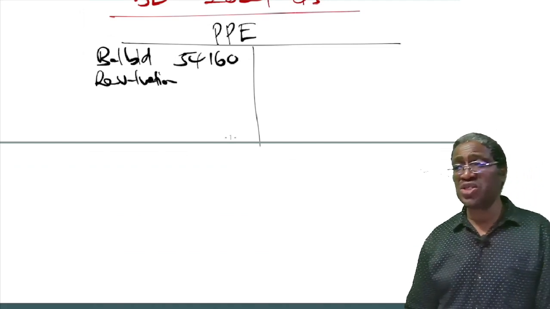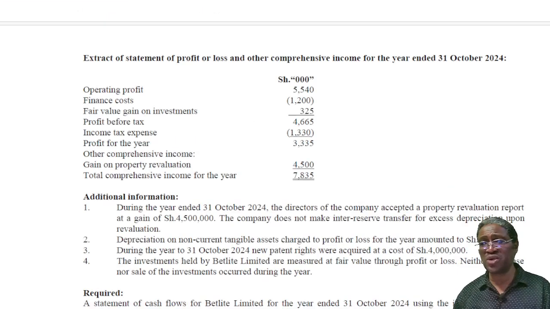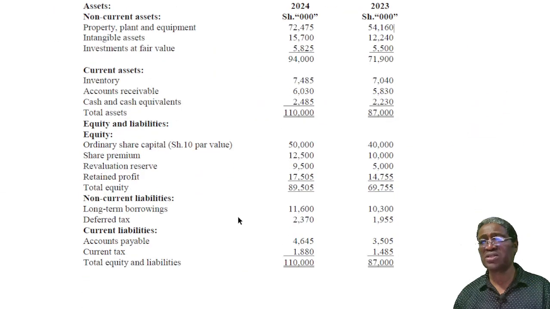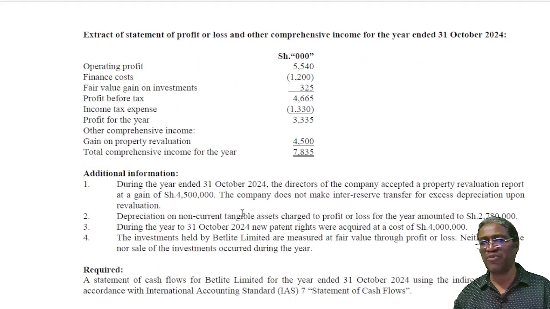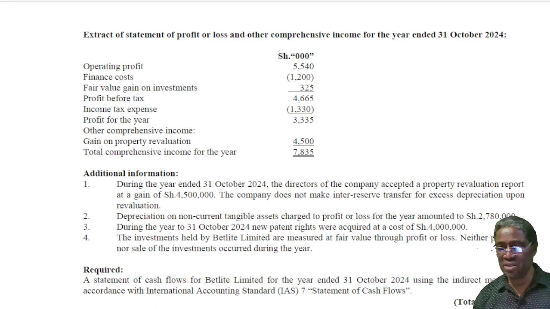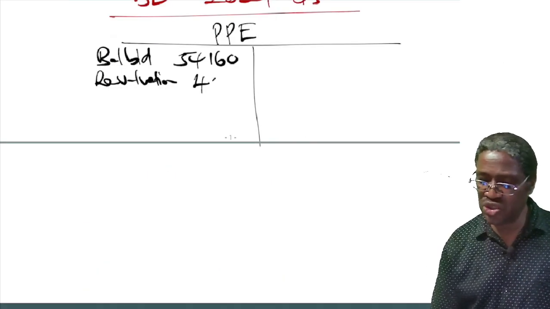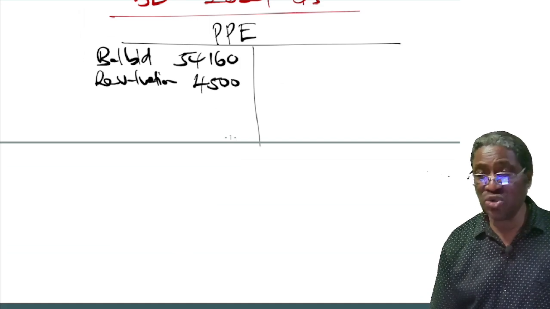I think our balance sheet was in terms of thousands. Let me confirm my balance sheet. Yes. So if they revalued by 4.5, then we are using 4,500. Let's put in 4,500 as the revaluation gain. That is from note number one.